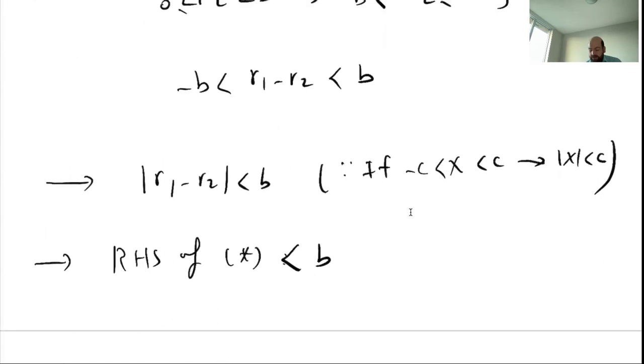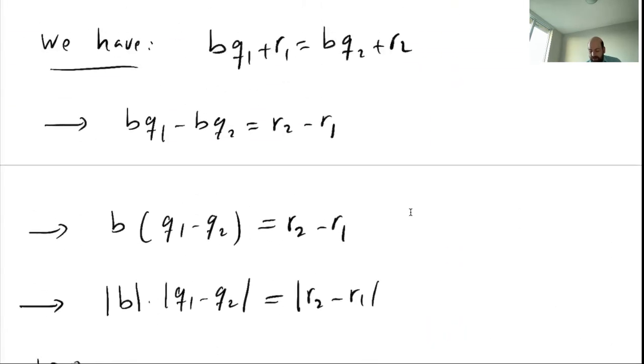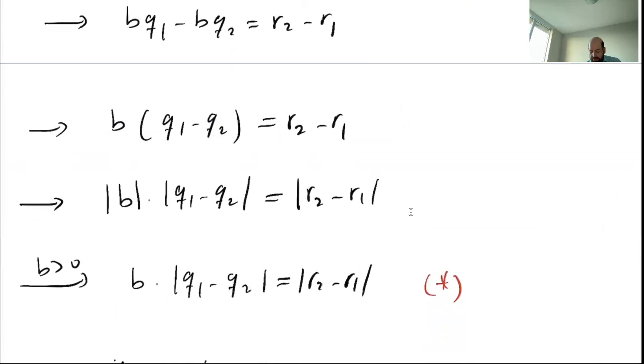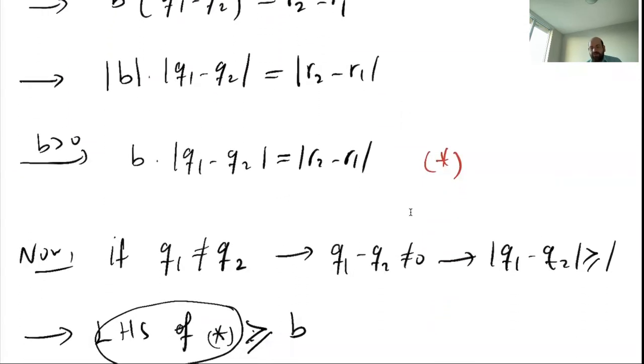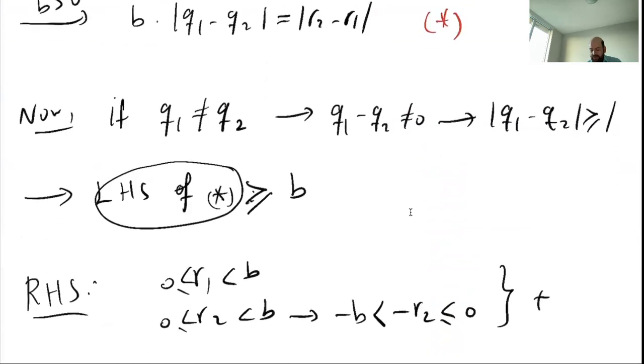So I will have a contradiction if Q1 is not equal to Q2. I want to show Q1 is equal to Q2, but if Q1 is not equal to Q2, then I have a contradiction. Why?